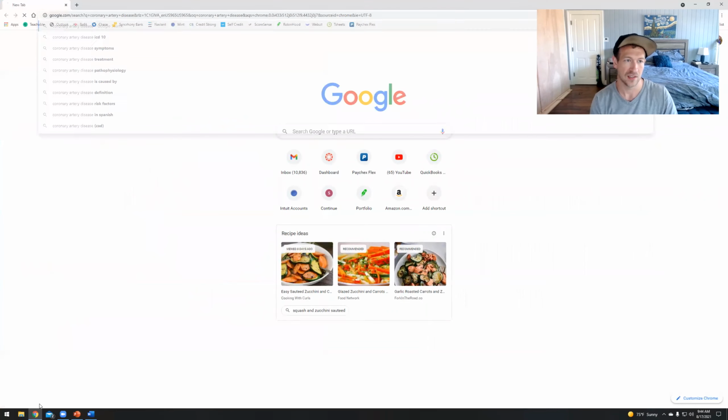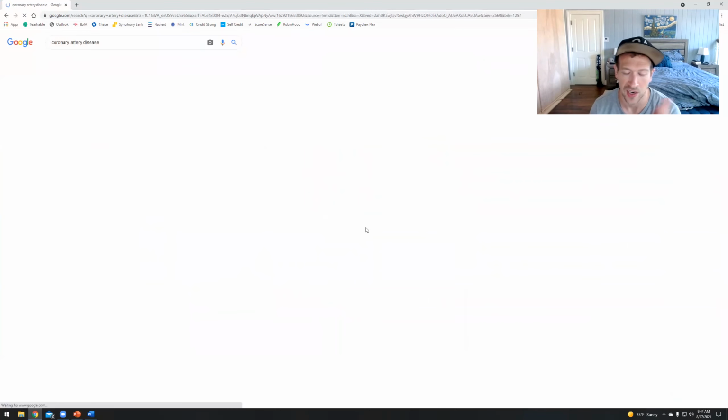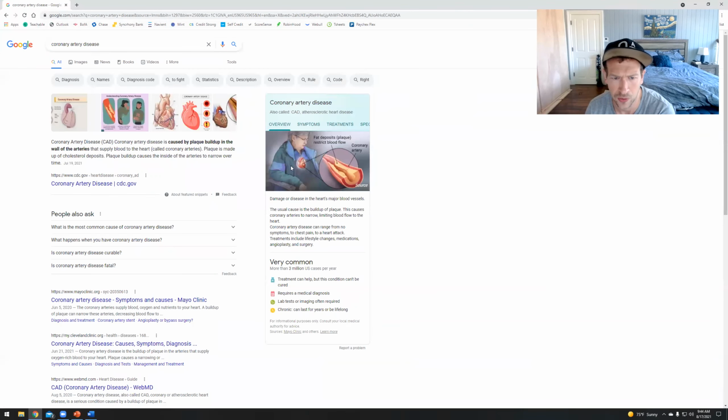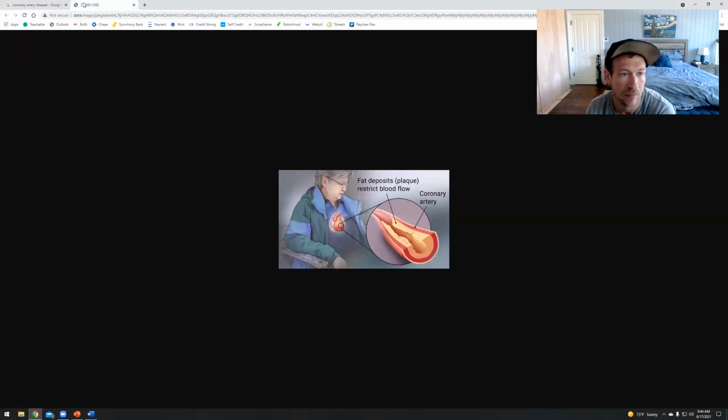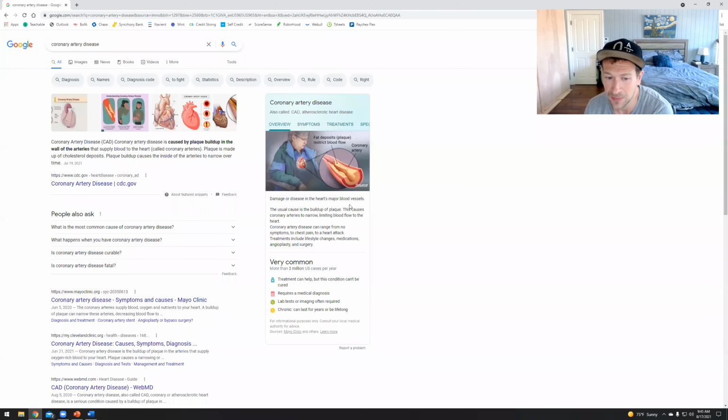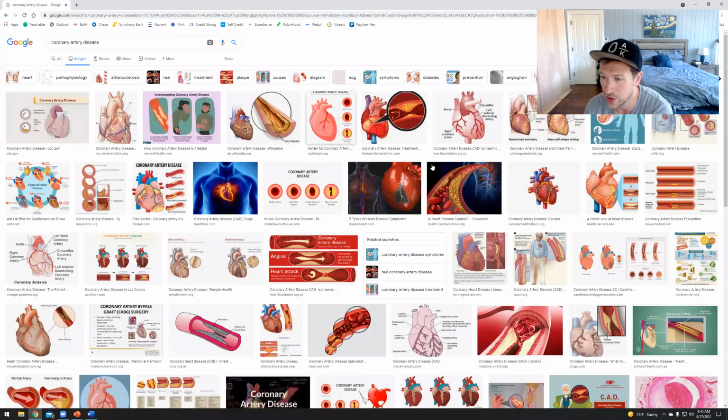artery disease, it looks like this. Actually, that was a great picture right there on the front of Google. We see the blood vessels around the coronary, they get these fatty deposits that limit blood flow. Now blood can't travel easily because now there's high pressure in an area that should have been low pressure.